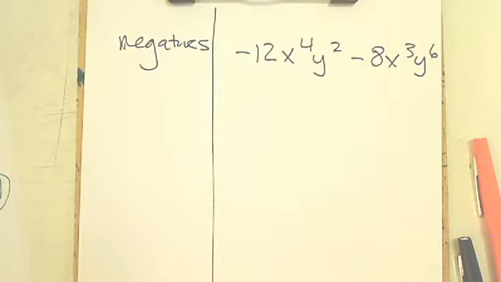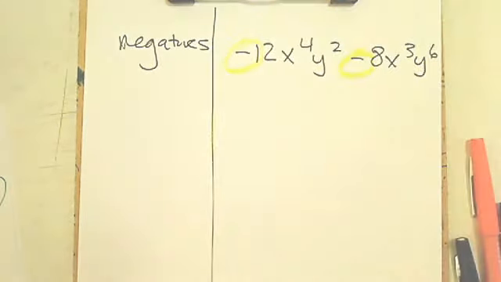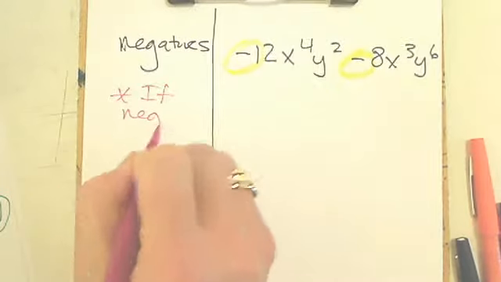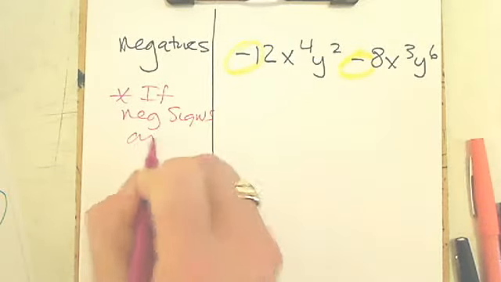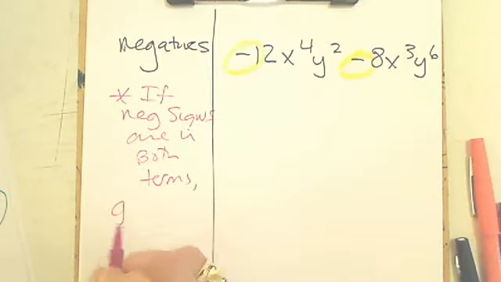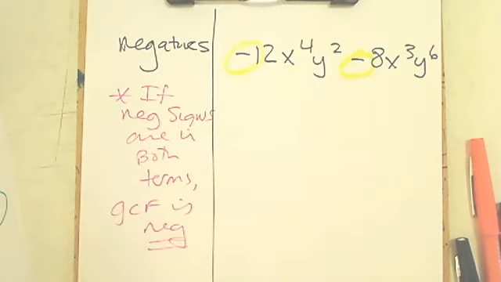Make your notes as you go, please. You'll be using this. It will come back again. So again, going back here, your negatives are present. My little note here on the side: if negative signs are in both terms, the GCF must be negative.